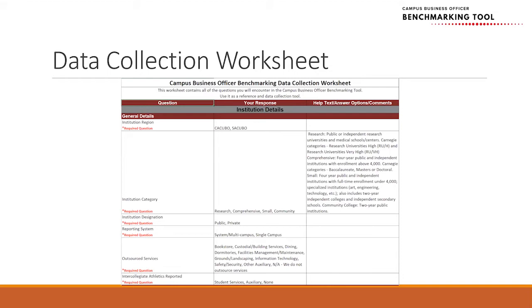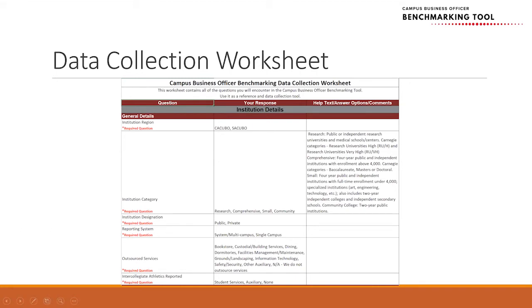So this is the first of the 4 sections. This is institutional details, and these are all important because these are ways that you then can go back and compare yourselves to peers. So these are all important distinctions among our institutions, different ways that we look at ourselves.